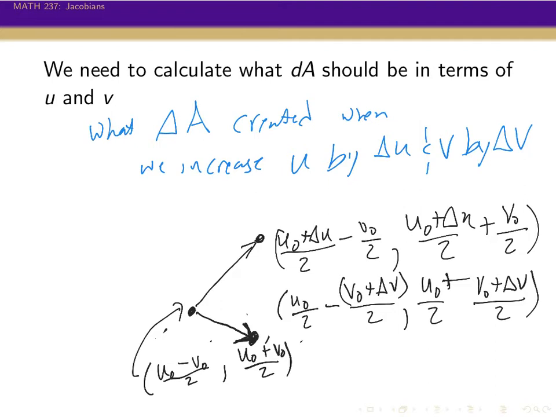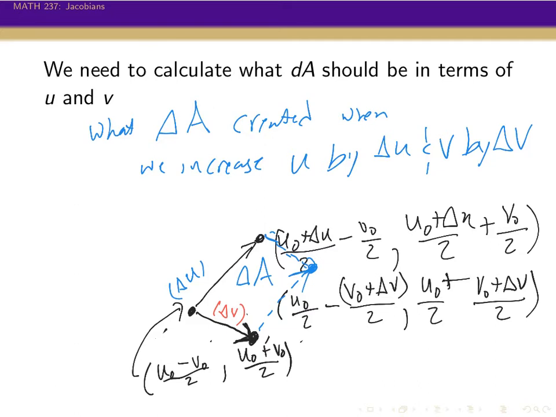Okay. So again, the first one, we're thinking about adding delta u. The second one, we're thinking about adding delta v. And then you can see that if we join these together, these are two sides of a parallelogram. And so in total, if we added u and v, we'd create our delta A.